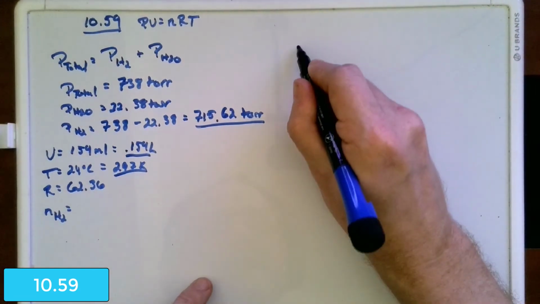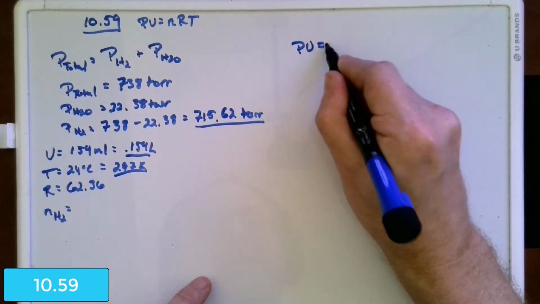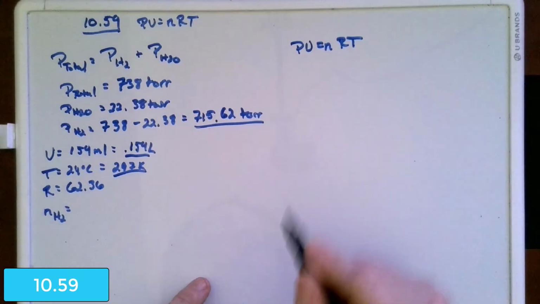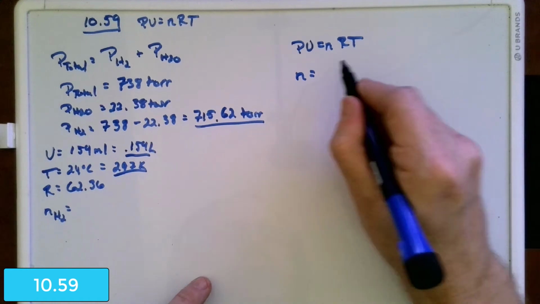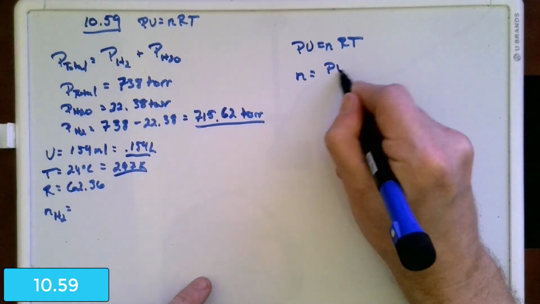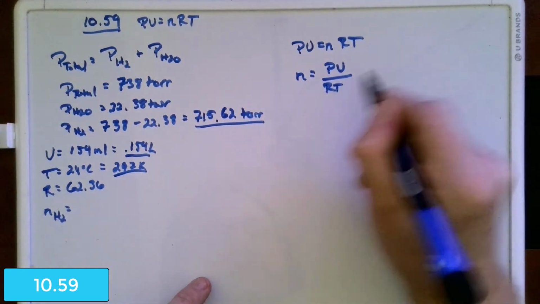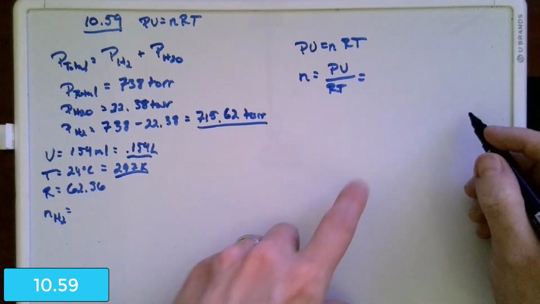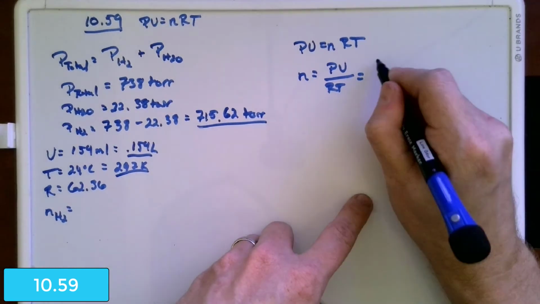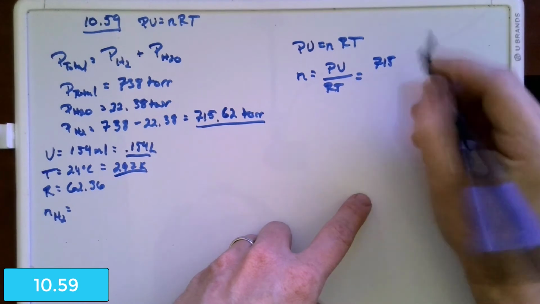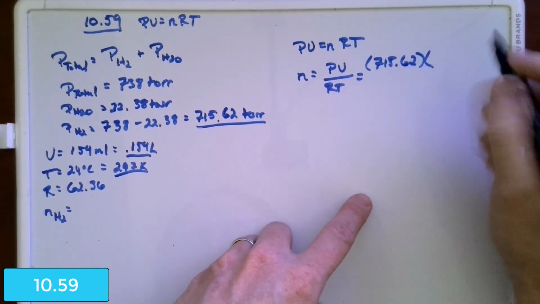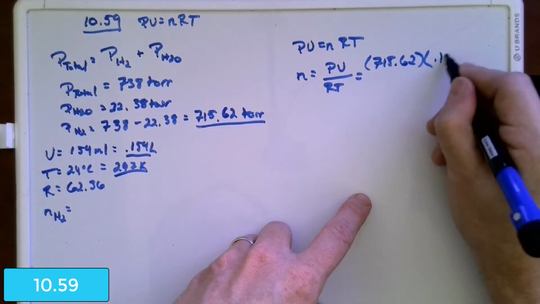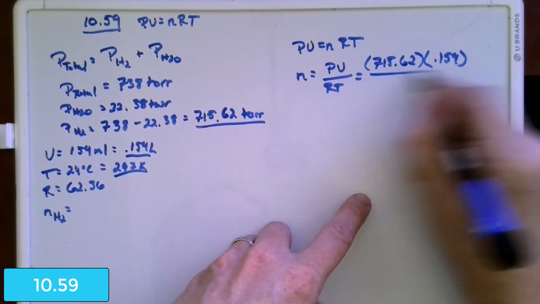So now we have nearly everything necessary to solve. We can plug this into the ideal gas formula, PV equals nRT. We'll solve for moles. n is going to be equal to PV over RT. I will plug in my variables. My pressure is 715.62. The volume is 0.159.